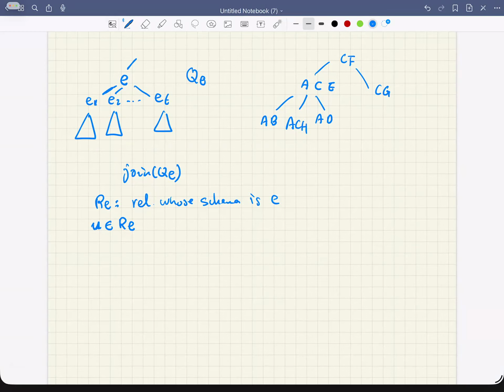Each one of them also has its own subjoin. Now we're going to see a relationship between this subjoin Q_E and the subjoins of the children, by way of an arbitrary tuple in R.